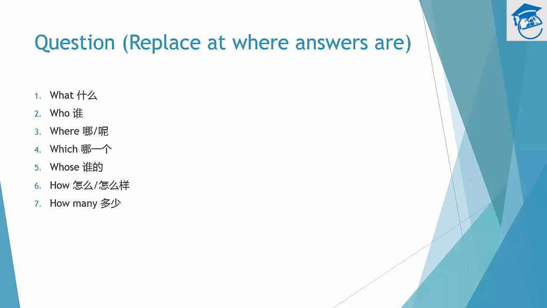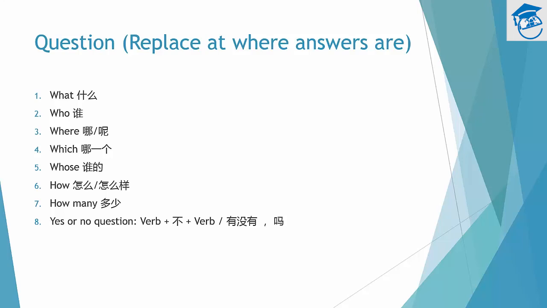7, how many? It is 多少. For example, you have learned 多少钱, how much money. Number 8, when you ask a yes or no question, it is always verb plus 不 plus verb. For example, 是不是, 要不要.